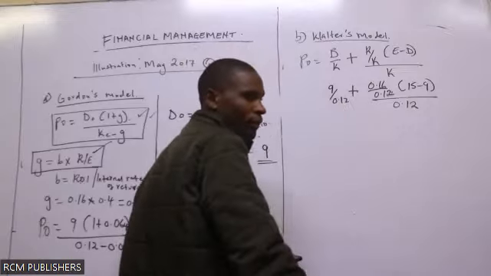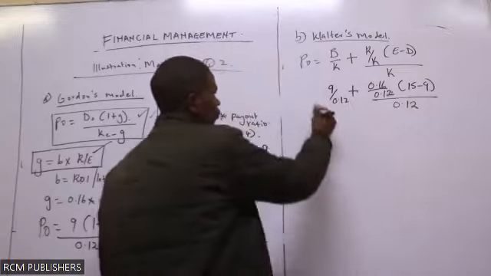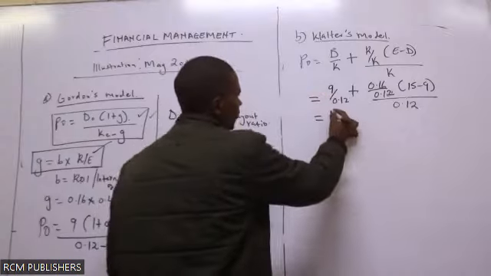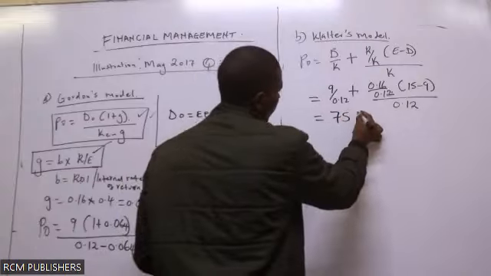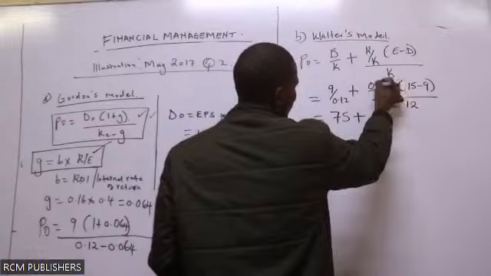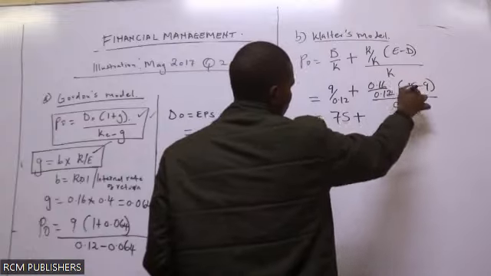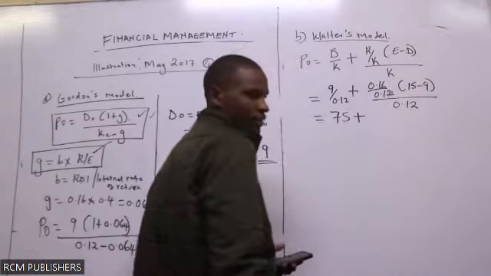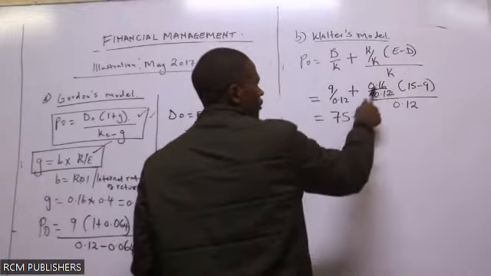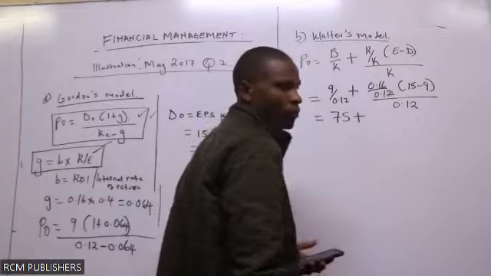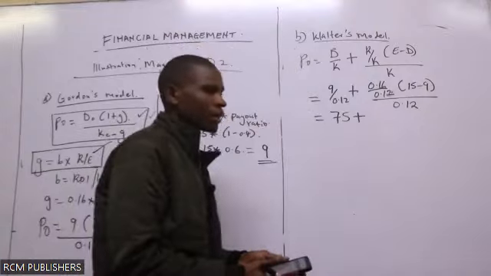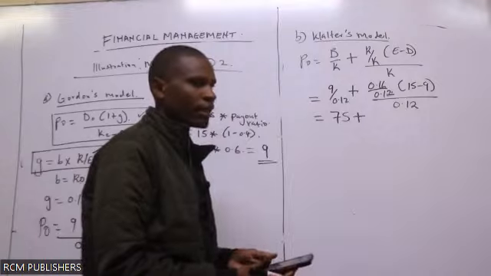What is the whole of that? Let's go slowly. 75. 75 plus here above. This is 6 times this, then divide. 6 times that. So all of this, 6 times this, divide by 0.1. So that we see whether it will add up somewhere.